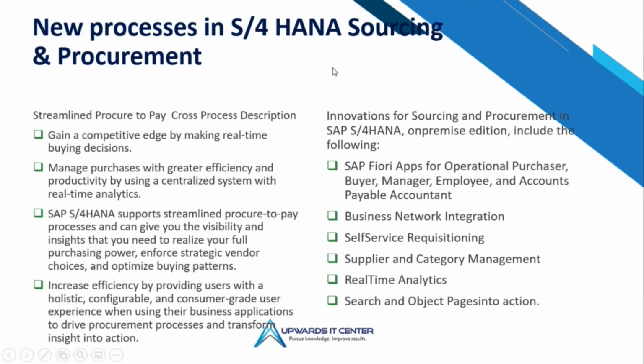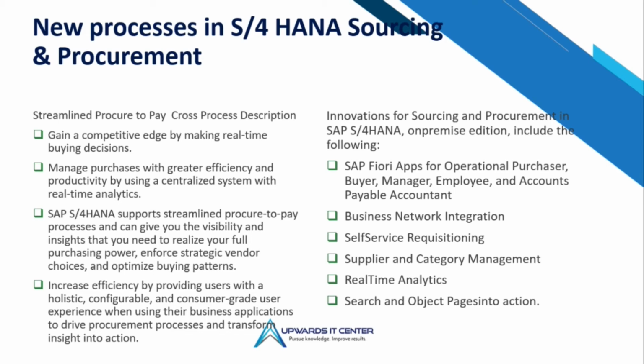Here in this slide, we can see some benefits of the streamlined procurement to pay process. With the real-time decisions, the process makes much better. If you have the reports with reliable information and real-time information, you can make the decisions faster and you can trust your information that we have in the systems.